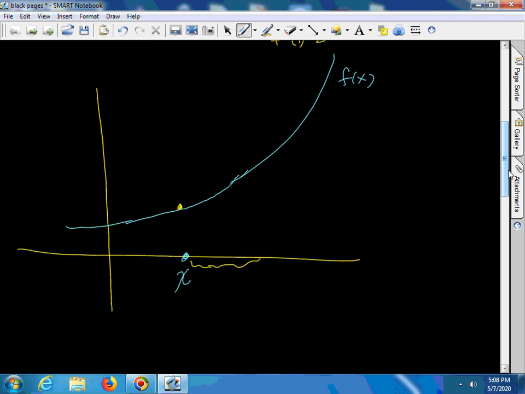Let's pick a point delta x units away. For example, if you're at 5 and you go 3 to the right, then the number here is going to be 5 plus 3. I went 5 plus 3 to get the number over here. I'm going to do x plus delta x. Let me put it further away. Sorry.